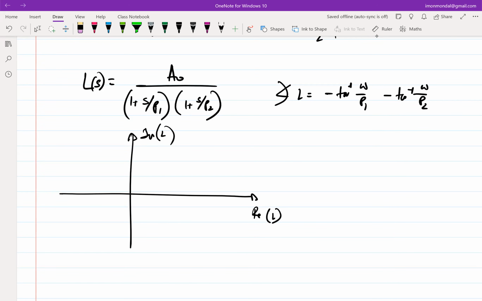So at omega equal to 0, I'll be somewhere here, A0. As omega increases, I will again go down. But now if I see where at omega equal to infinity, I know I will hit the origin, but from which angle? At omega equal to infinity, this will give you minus pi by 2, and this will give you minus pi by 2.